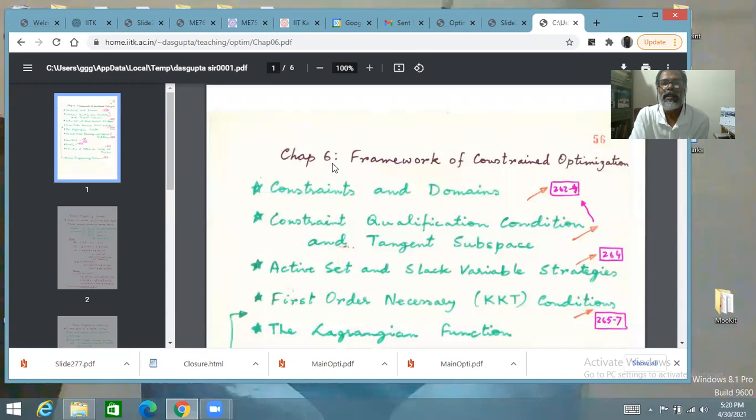Say, this is what we have been covering now. So this we have covered, and the subject matter of that is in these slides of the applied mathematics slide set. Then constraint qualification and tangent subspace, active set, slack variable strategy, first order necessary conditions. These are in these slides of that applied mathematics slide set.